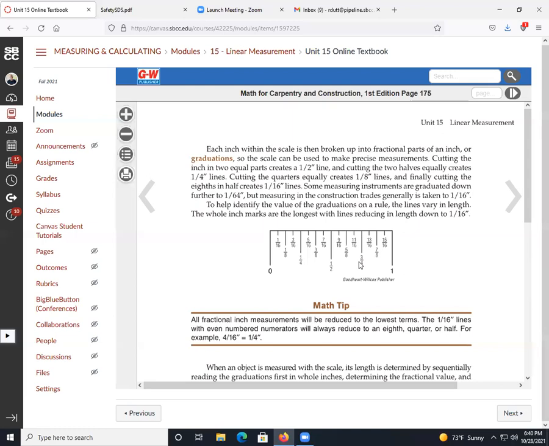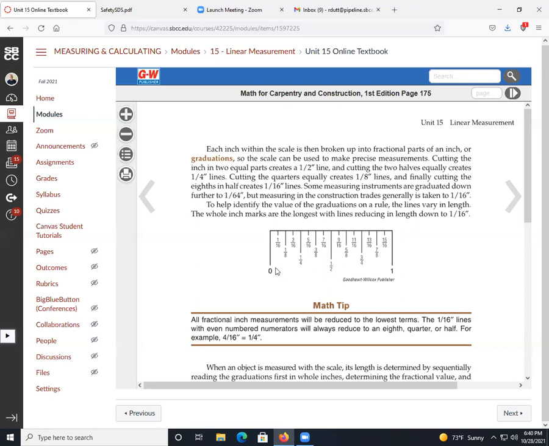Okay, so to help identify the value of graduations on a rule, lines vary in length, and that's typical of all your architectural rules, especially in the inch place. We're going to get to that in a minute, but in your tape as well. If you look at a tape measure, you can see this is a pretty good illustration of it right here.